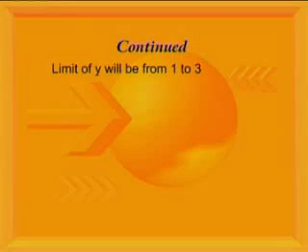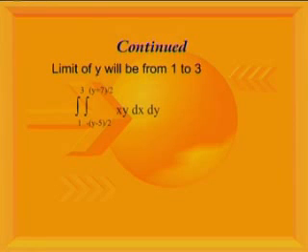Here we are integrating the function xy, first with respect to x, between the limit x is equal to minus (y minus 5)/2 up to the limit (y plus 7)/2. And then with respect to y, between the limit y is equal to 1 to y is equal to 3. When we are integrating with respect to x, definitely we keep y constant.